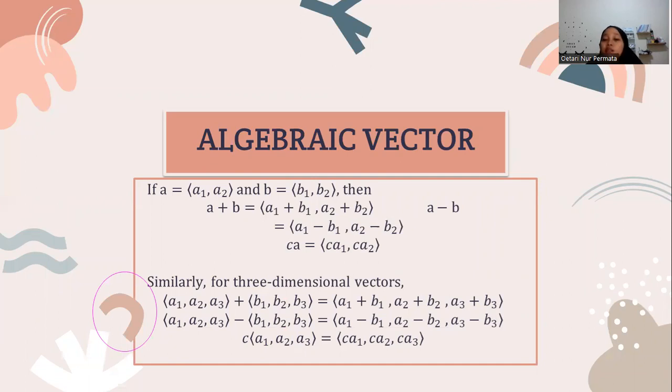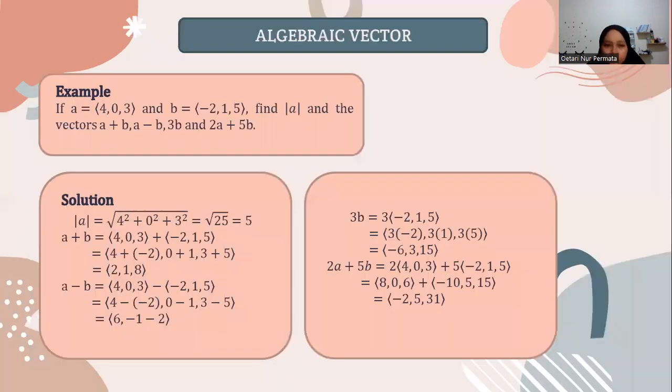Similarly, for the three-dimensional vectors ⟨a1, a2, a3⟩ tambah ⟨b1, b2, b3⟩ sama dengan ⟨a1 tambah b1, a2 tambah b2, a3 tambah b3⟩. Maka didapat c⟨a1, a2, a3⟩ sama dengan ⟨ca1, ca2, ca3⟩.